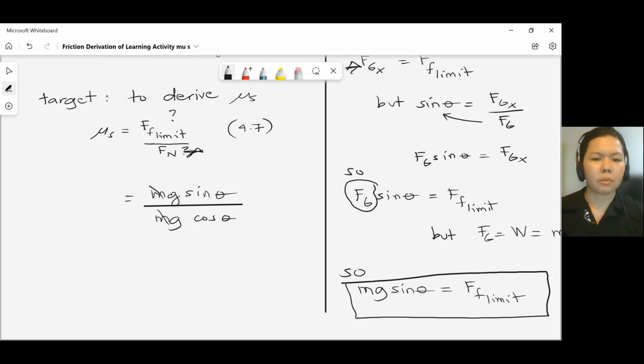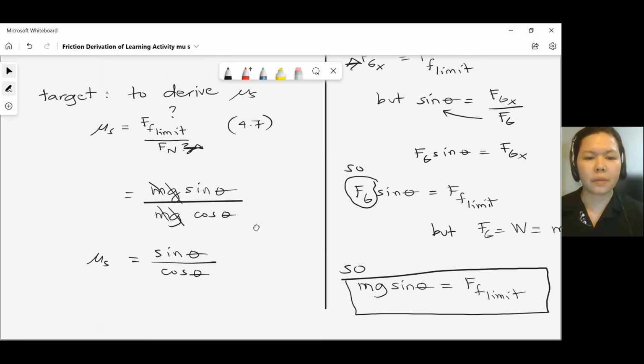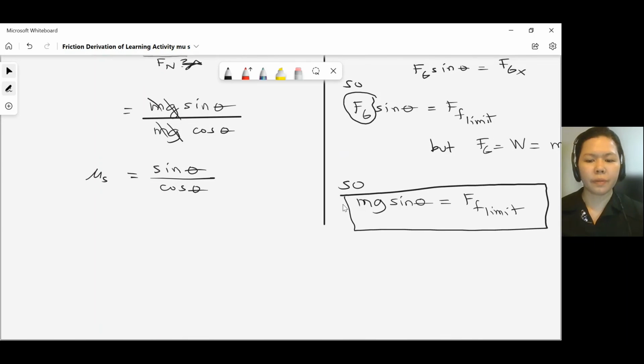M over m is 1 and g over g is 1. We are left with sine theta over cosine theta, our mu s. But sine theta over cosine theta is just tangent theta.